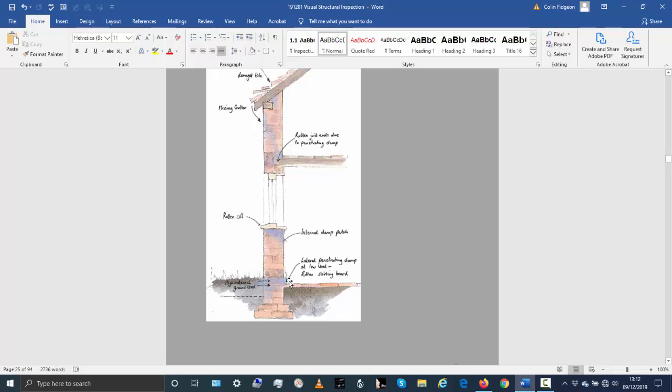growth and problems here. And this is one of the first of the 3 ways of relieving the problem that I'm going to discuss. This is probably the first and the easiest method of relieving the problem, would be to reduce the external ground level, to try and get it to at least 6 inches or 150 millimeters below the internal floor level, to stop this easy passage of water.